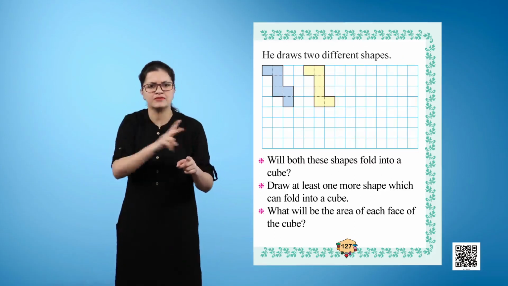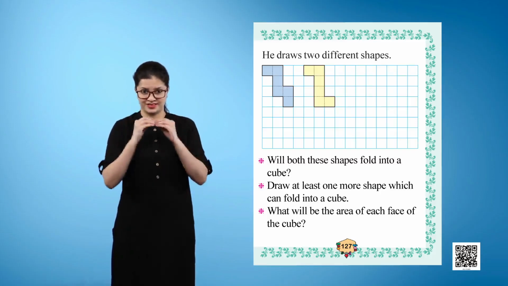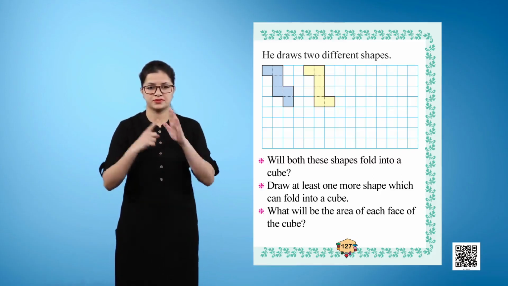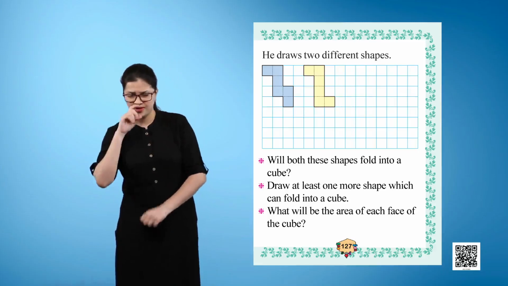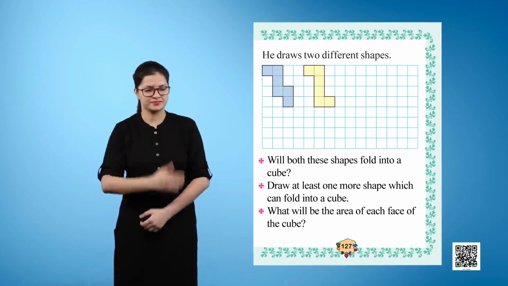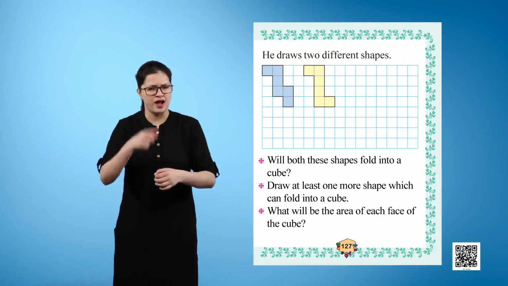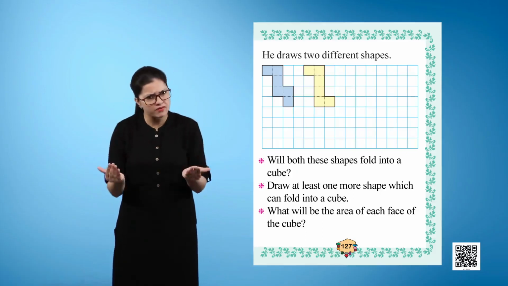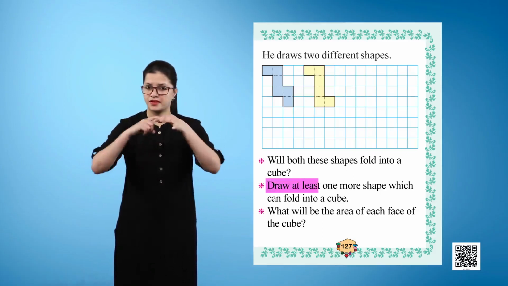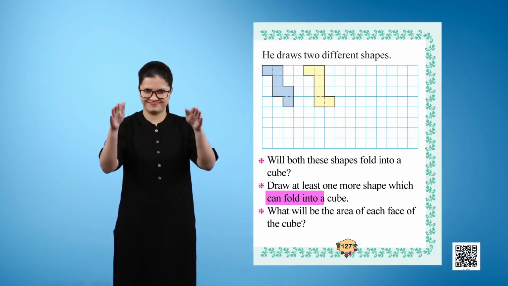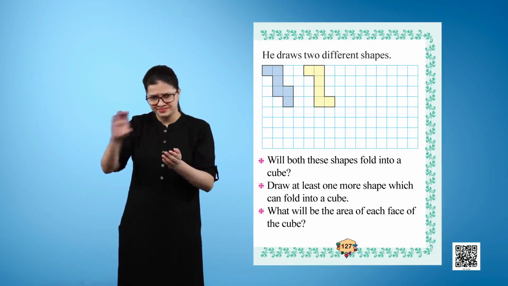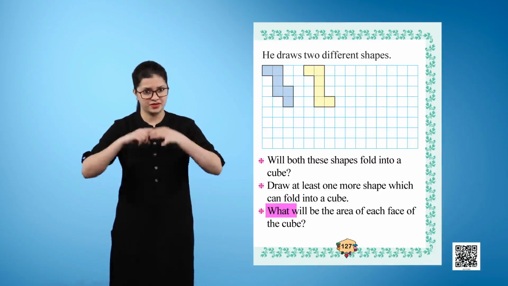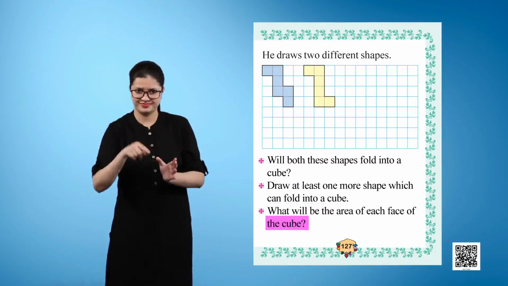Below this we have a square grid on which two different shapes drawn by Buddha can be seen. One is in blue color, the other one in yellow. Questions. Will both these shapes fold into a cube? Draw at least one more shape which can fold into a cube. What will be the area of each face of the cube?